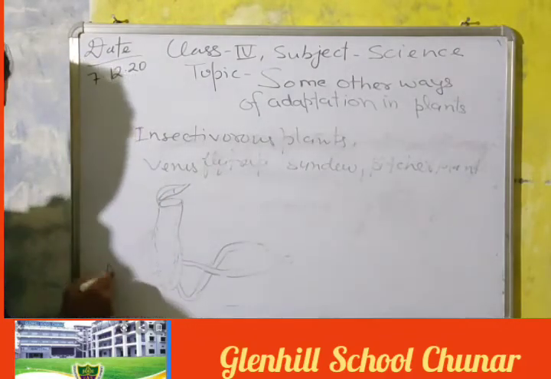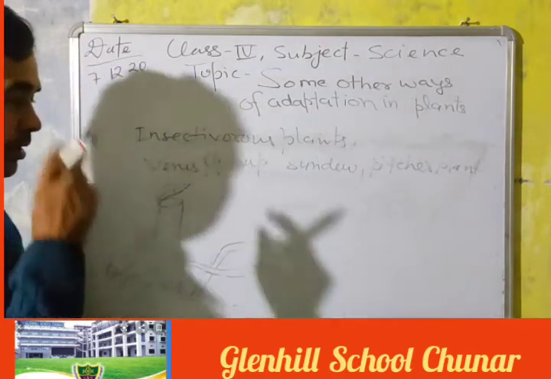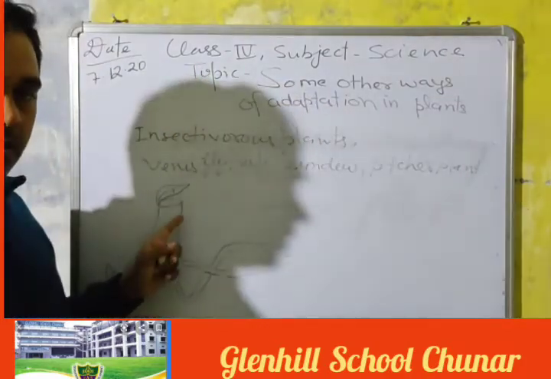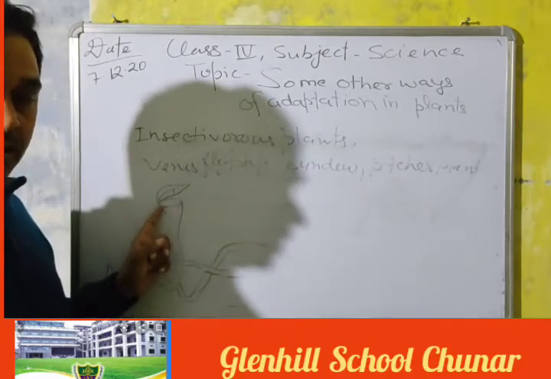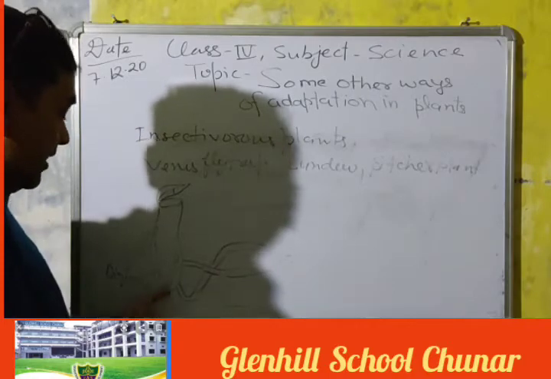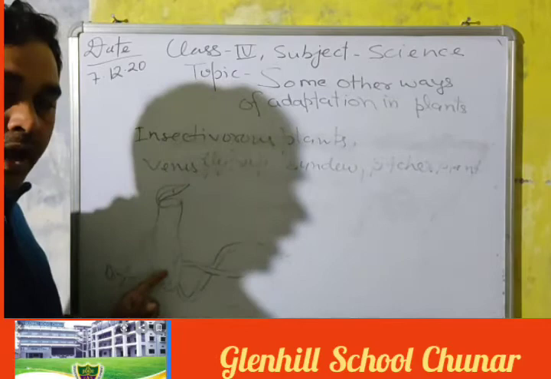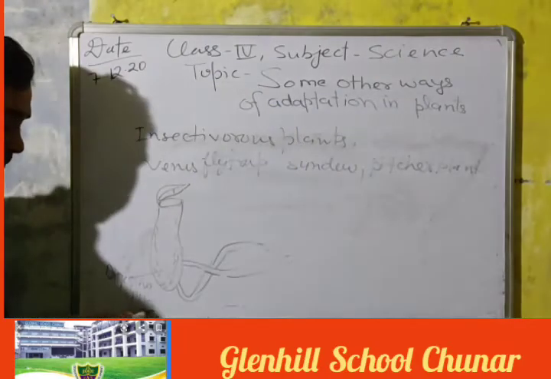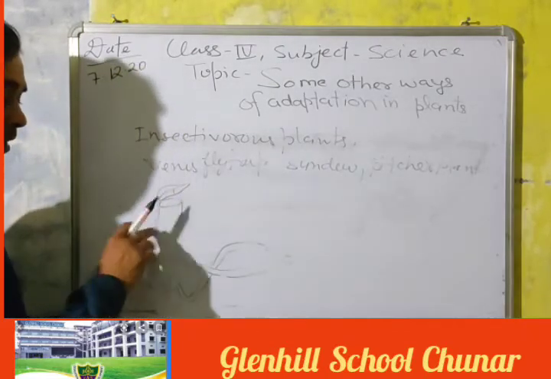This is the digestive juice. Some insects sit on the mouth of the leaf, and as soon as they get the nectar deep inside the leaf, they fall down, drown and die in the digestive juice, and are absorbed by the leaf base.